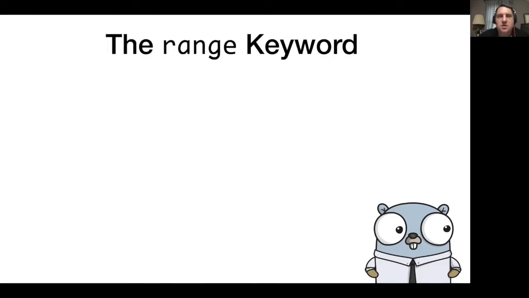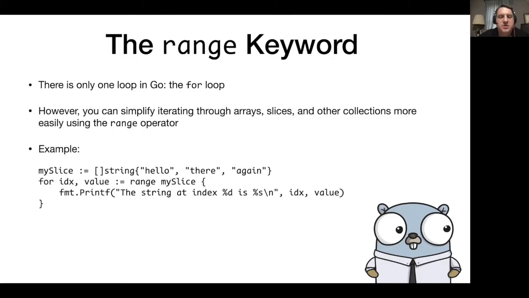So in Go, to go over arrays and slices, and actually other sorts of objects, use the range keyword. As I said, there's only one loop in Go, and that's the for loop. But the range keyword allows us to simplify our iteration.